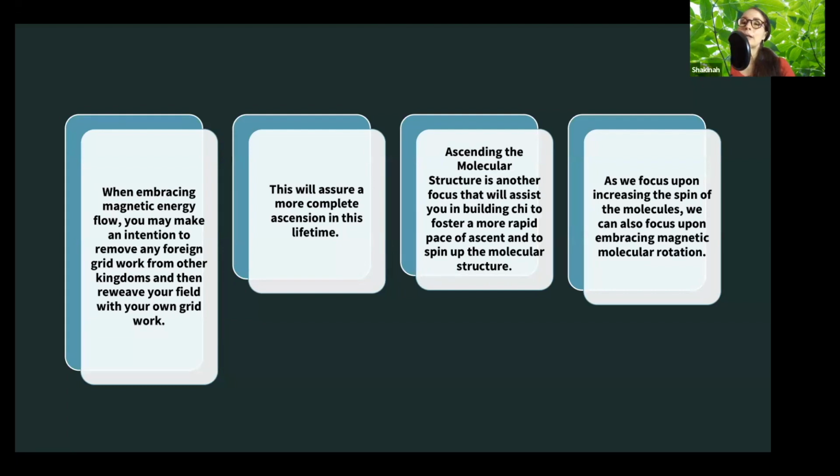As we focus upon increasing the spin of the molecules, we can also focus upon embracing magnetic molecular rotation. As you can see, ascension is really about intention. What we intend, we create.